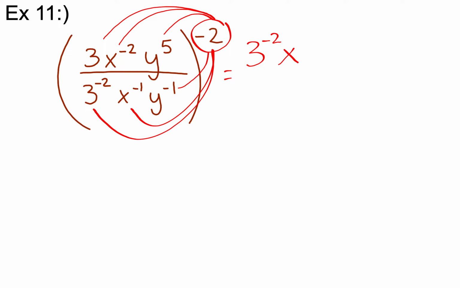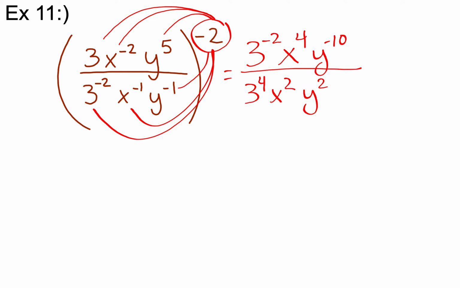X, negative 2 times negative 2 is positive 4. Y to the 5 times negative 2 is negative 10. All over 3 to the negative 2. Negative 2 times negative 2 is positive 4. X, negative 1 times negative 2 is positive 2. Y to the negative 1 to the negative 2. Negative 1 times negative 2 is positive 2.